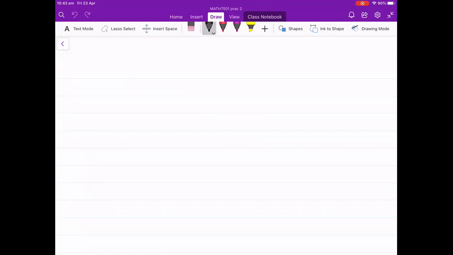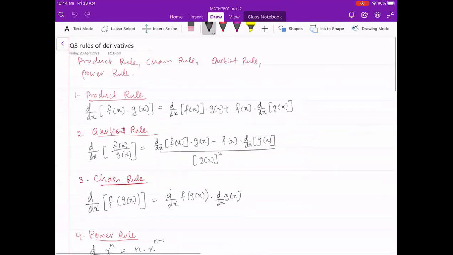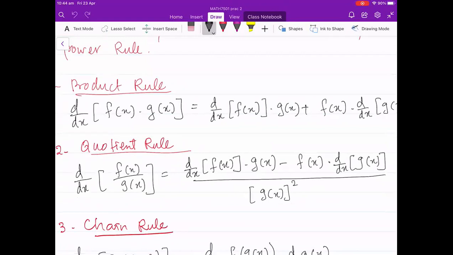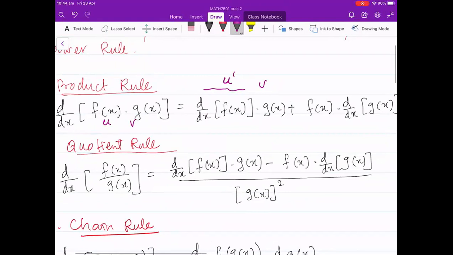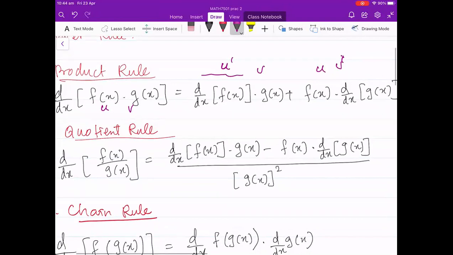Product rule is like f(x) times g(x) derived, you take the derivative of the first function. So in your notation, you've said this is u, this is v. Yeah, this is u dash v and u v dash. Yep, that's the product rule.